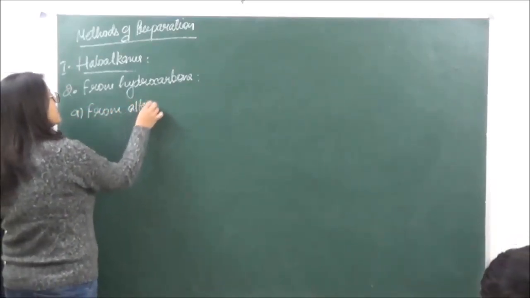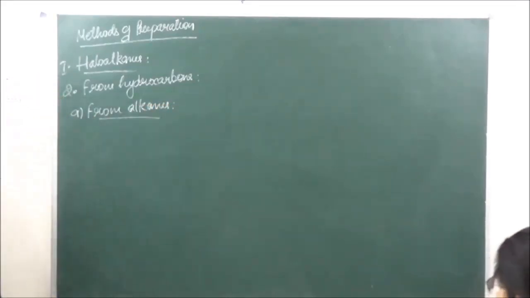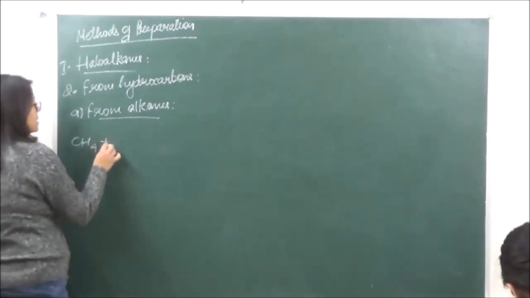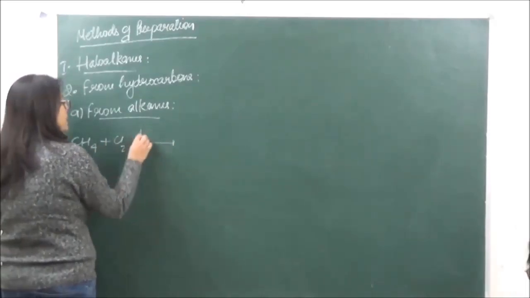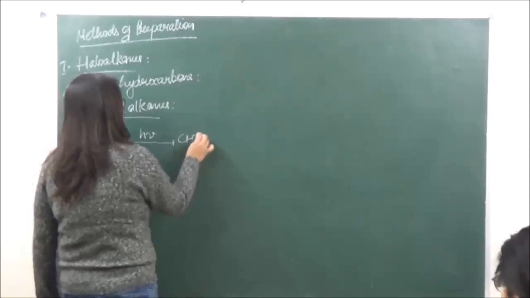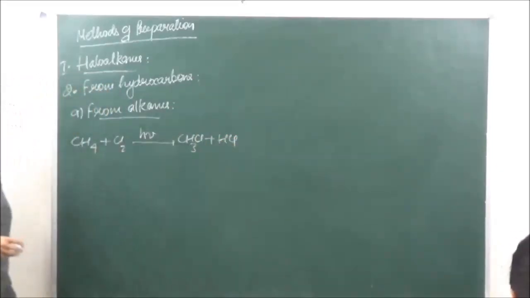In this case, there is a free radical substitution which is going to take place. Okay, so generally the reaction that we are doing over here is CH4 plus Cl2 in the presence of light. This is going to give us CH3Cl plus HCl. Now this is going to be a chain reaction over here.